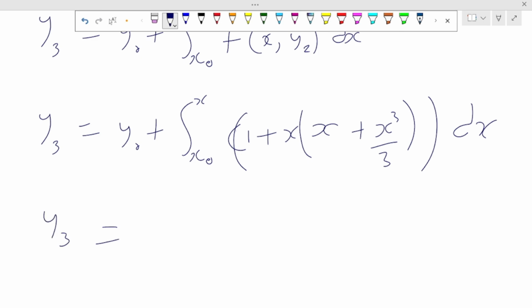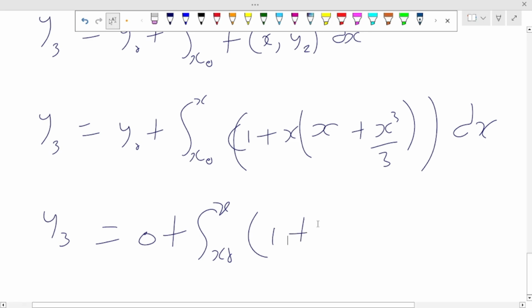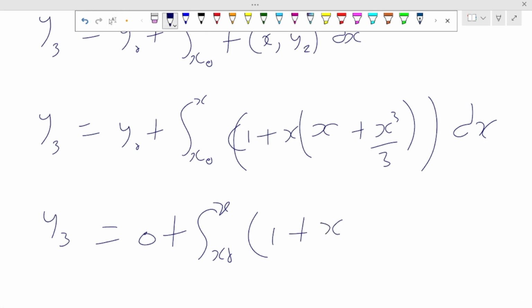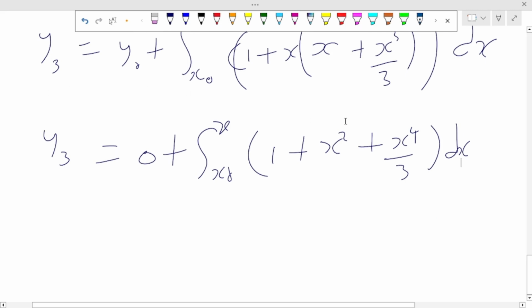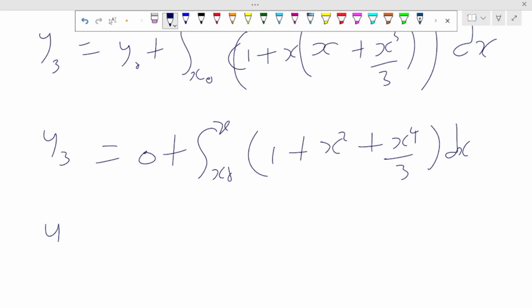We are doing well. So here is 0, of course, and then we want to open the brackets first. This will give us x squared, and this will give us x raised to the power 4 over 3. So that will now be x squared plus x to the power 4 over 3. Then we integrate this, and that will be our third approximation.